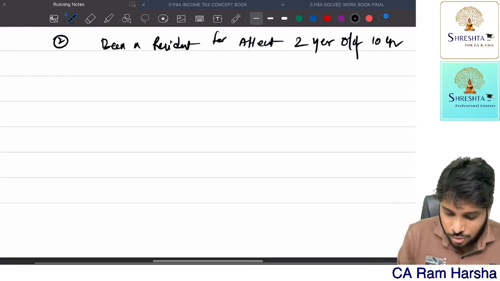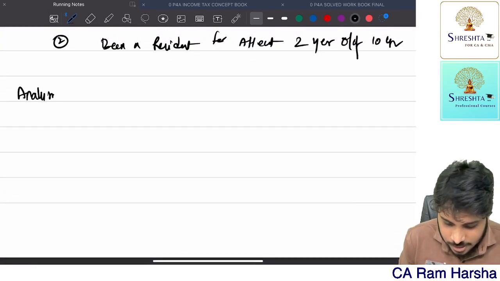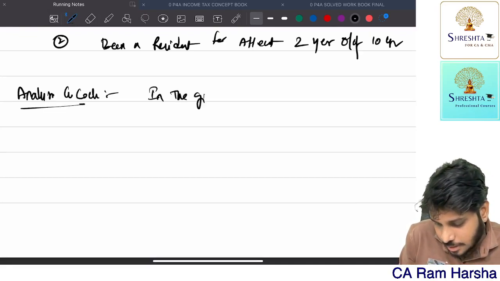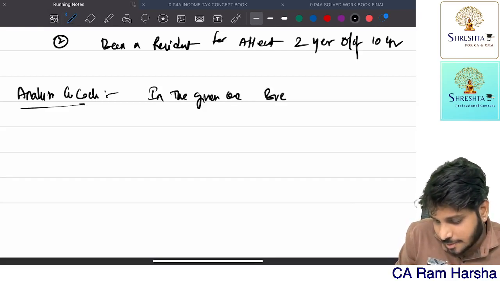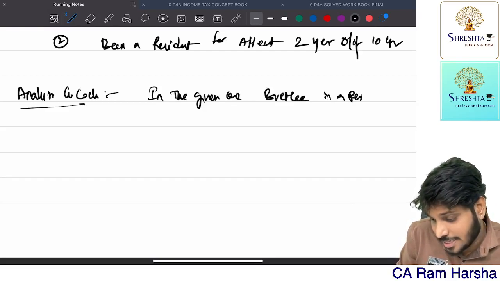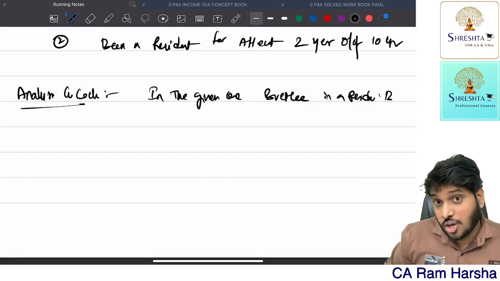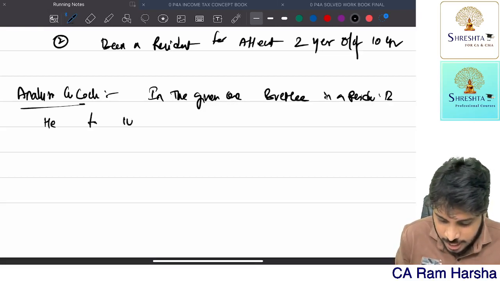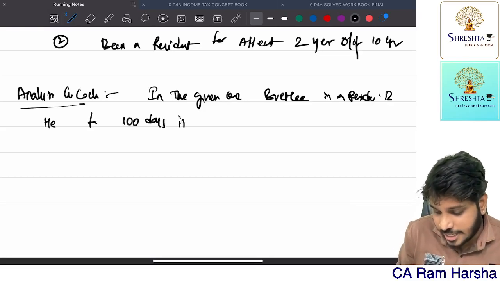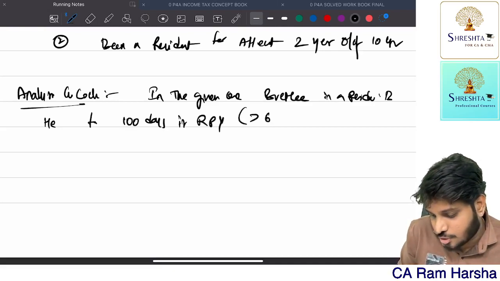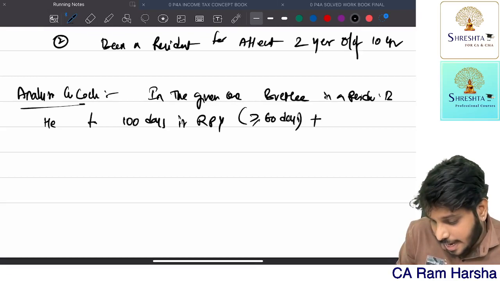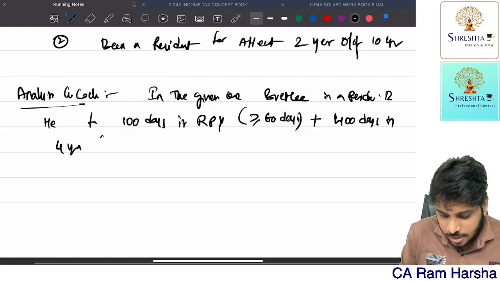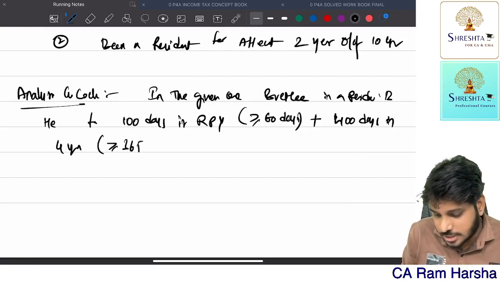So, analysis and conclusion. What is the analysis and conclusion? In the given case, Brett Lee is a resident, but not ordinarily resident, because he stayed in India for 100 days in the relevant previous year (more than or equal to 60 days), and 400 days in the past 4 years (more than or equal to 365 days).